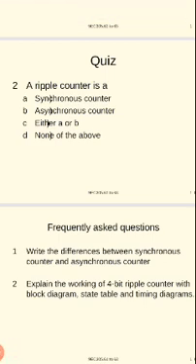Explain the working of 4-bit ripple counter with block diagram, state table, and timing diagrams.